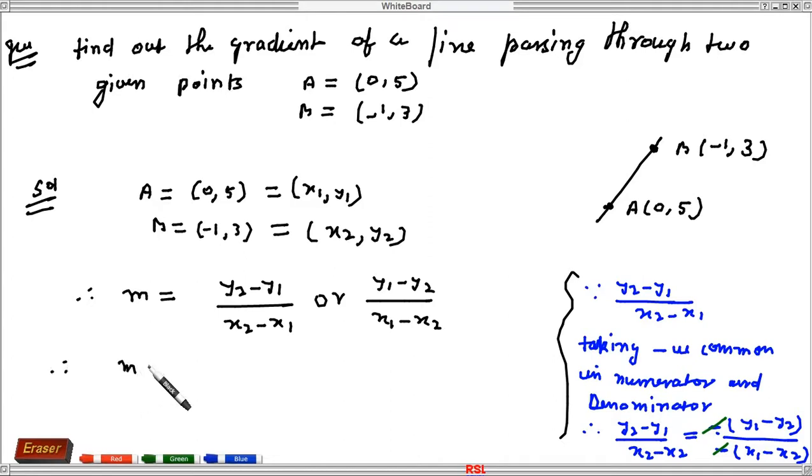Hence we will put the value of y2, y1, x2, x1 from the given points. So we will put 3 minus 5, and x2 is here minus 1, and x1 is 0. So on putting, we got m equal to 2.